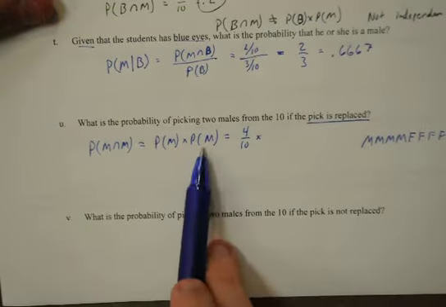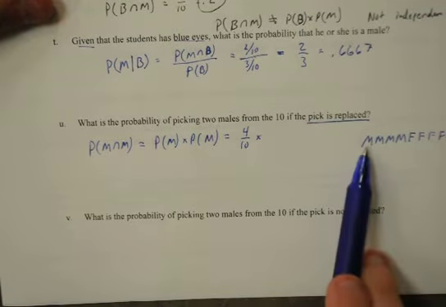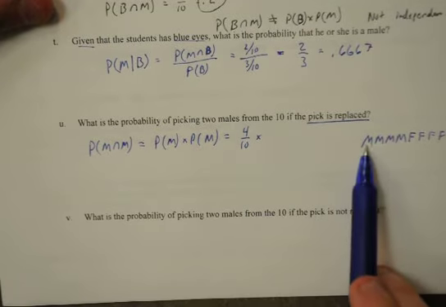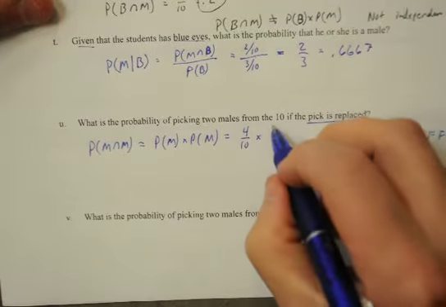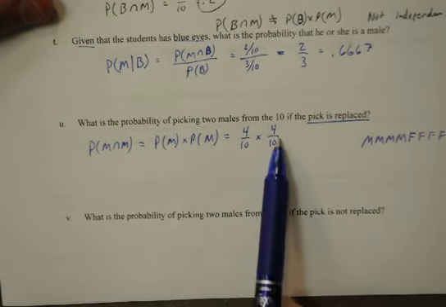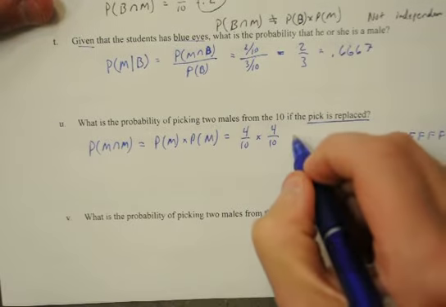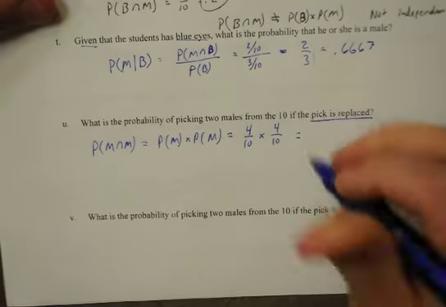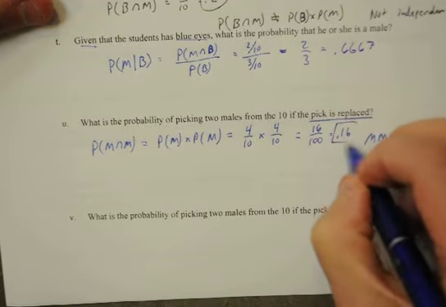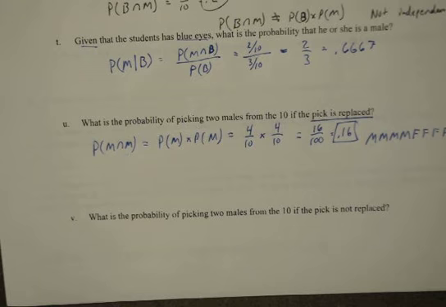Now you replace the male, so maybe you pick this male and you replace them. What's the probability of picking another male? It's still 4 out of 10. These are independent events. The first event did not affect the second event. And so you can easily find probabilities by just multiplying together. That's the probability of picking a male and picking another male.